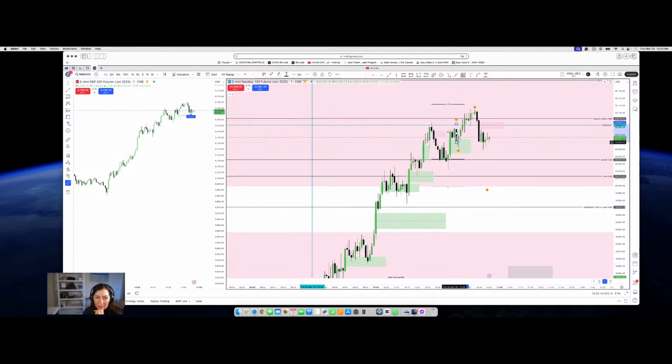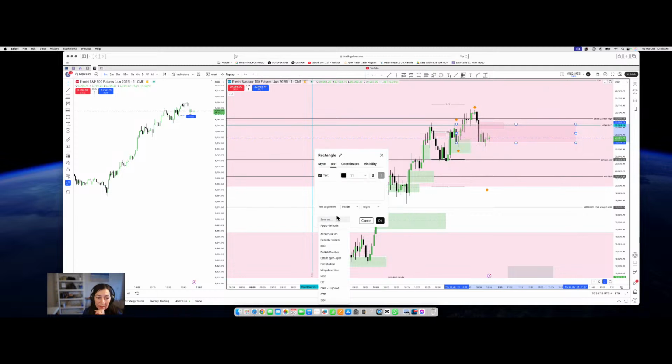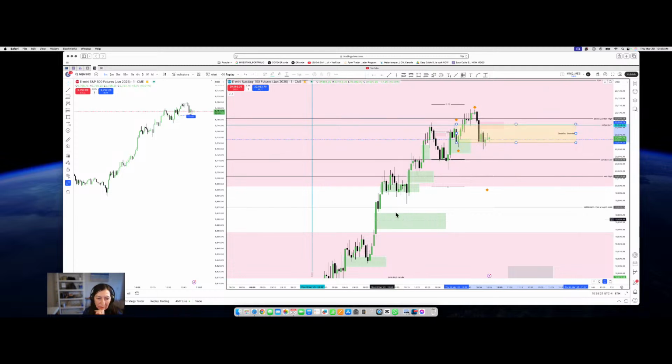Hypothetically, if this was our bearish breaker, that would be our breaker. We have a fair value gap in here, and we do have a fair value gap in here. Small one, albeit.